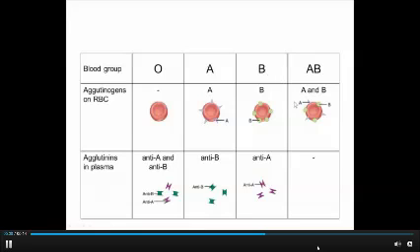Blood type B contains red blood cells equipped with B agglutinogens or antigens, and anti-A agglutinins or antibodies are found in plasma. Finally, in blood type AB, red blood cells contain antigens of both A and B type, and plasma does not contain antibodies of these types.